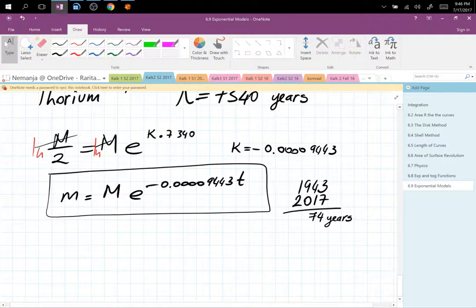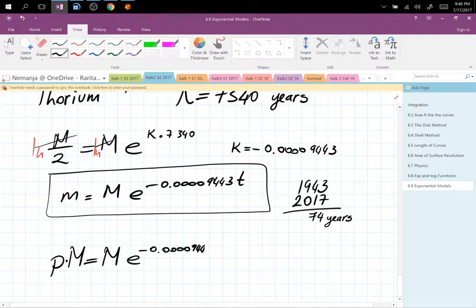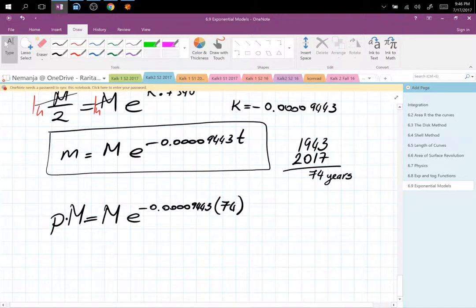What percent is left? So I'm going to call that lowercase p times capital M, right? So percent times the original amount equals the original amount times e to the negative 0.00009443 times 74 years. M's drop, and we have that the percent is equal to this calculation. Now it's a very easy calculation.